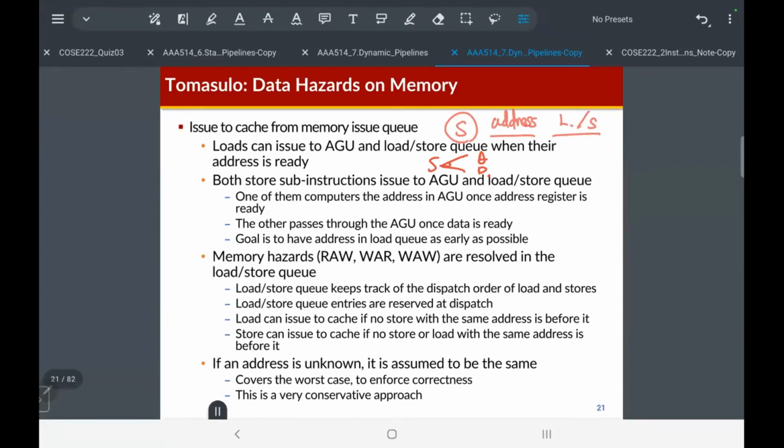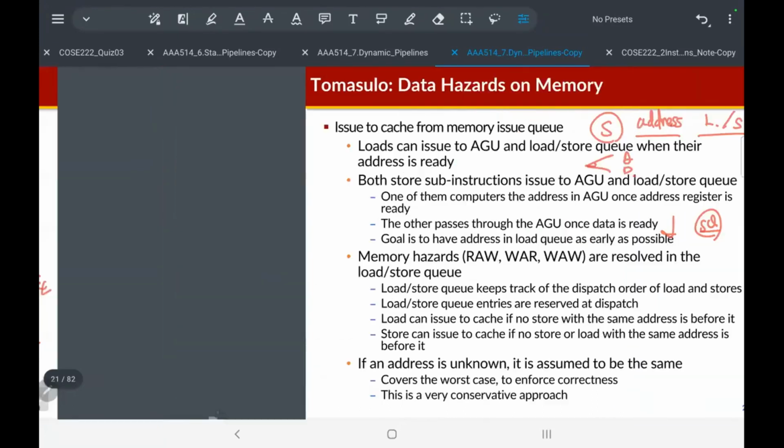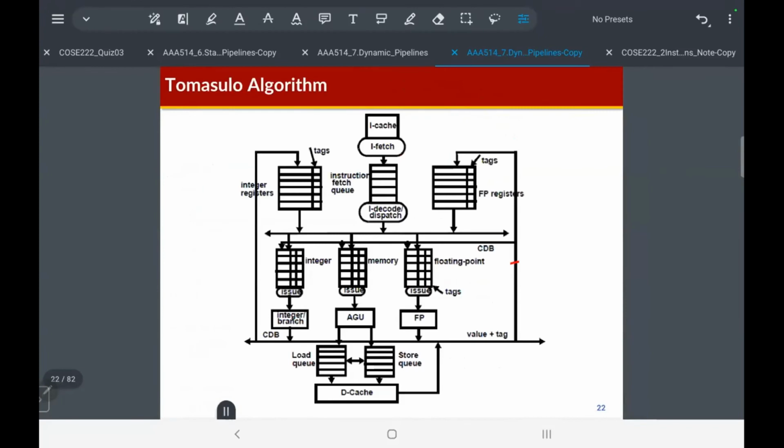That means the store address is not computed yet in the processor, but the store instruction is dispatched to the store queue. This is the store instruction, but we don't know its address.